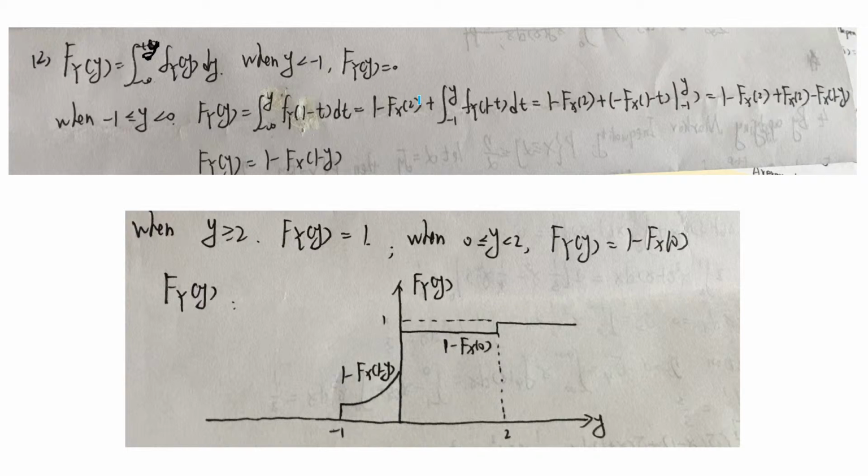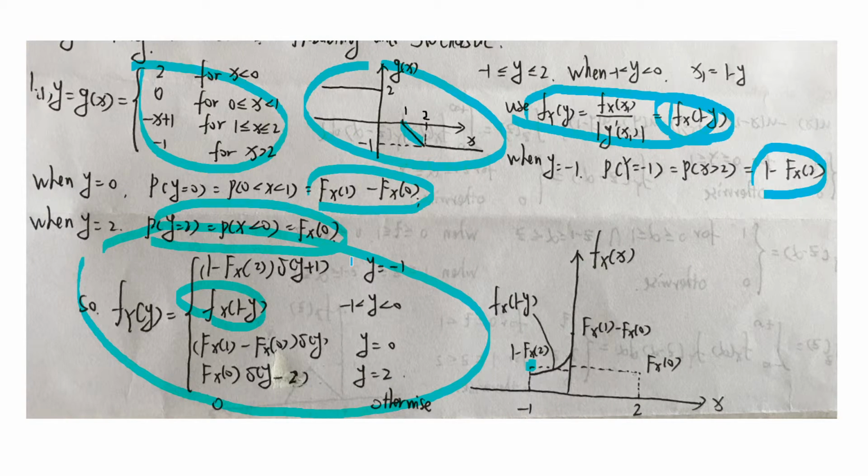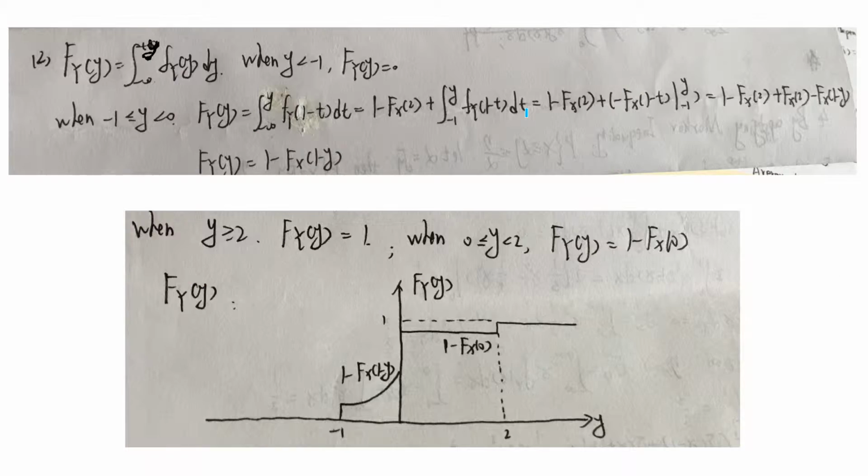And as before, we need to discuss several different circumstances, because we already know y should be located in the range between -1 and 2. So when y is outside of this range, fY(y) should be 0. So the first part is when y is less than -1, the probability density function is 0.